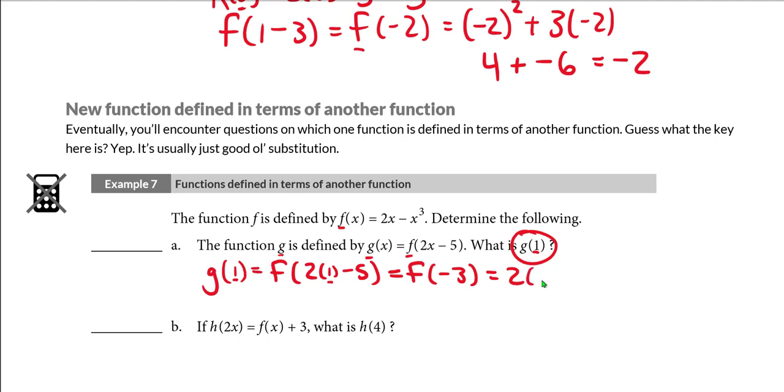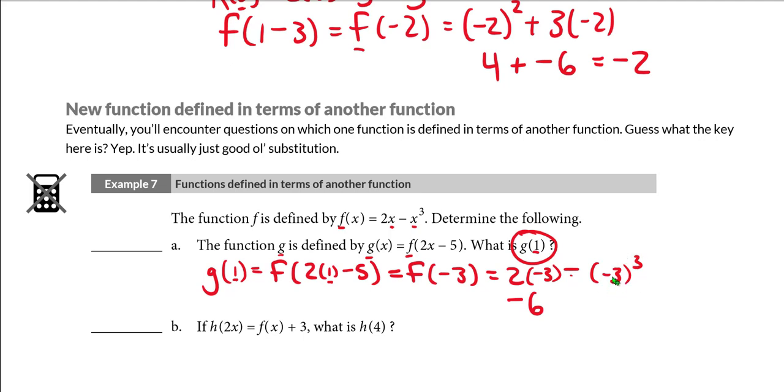So what am I going to do? I am going to put that negative 3 into these x's. I will, again, as usual, parenthesize them. I do have to be very careful here with that negative and some of these other negatives and these exponents. I just need to be very deliberate in my work. So 2 times negative 3 is negative 6. What am I going to do here?